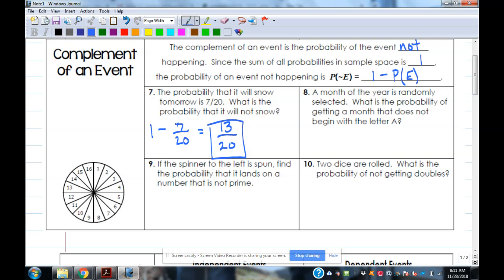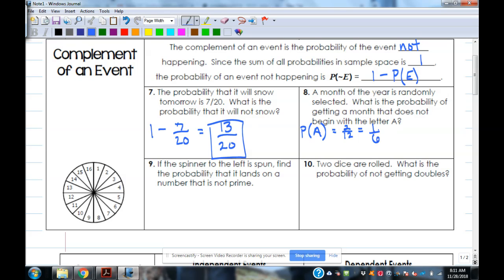So we've got August and April, right? So that's 2 months that start with A. So the probability of A being the letter is 2 out of 12, and Gavin said that's really 1 out of 6. That's good.